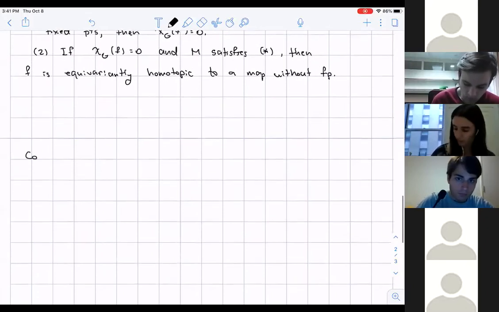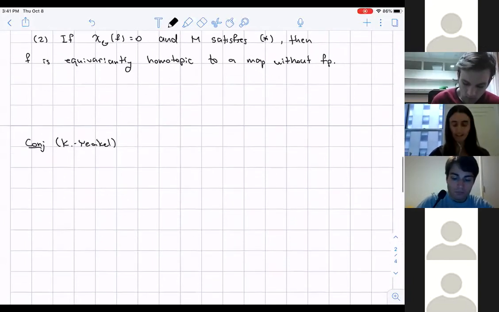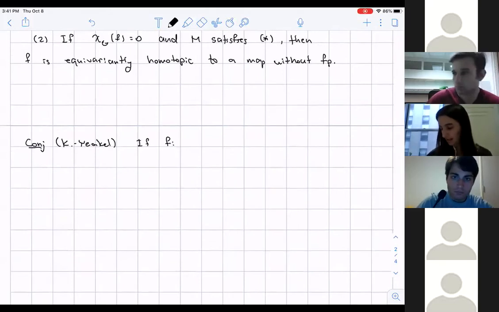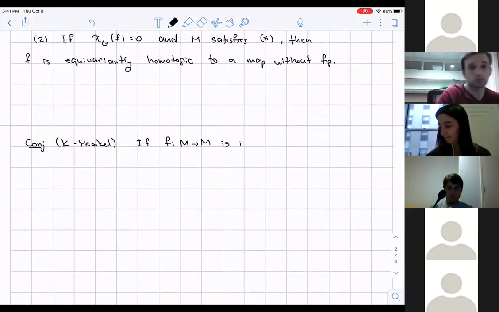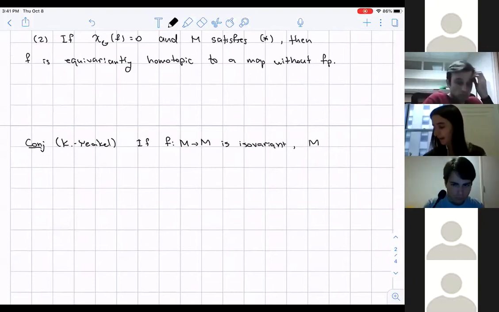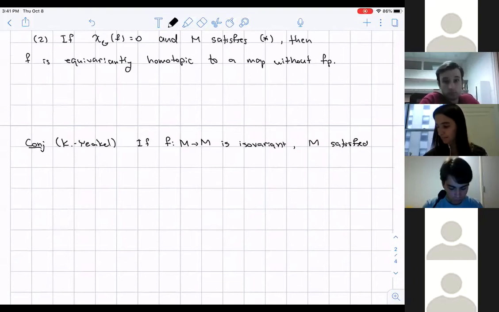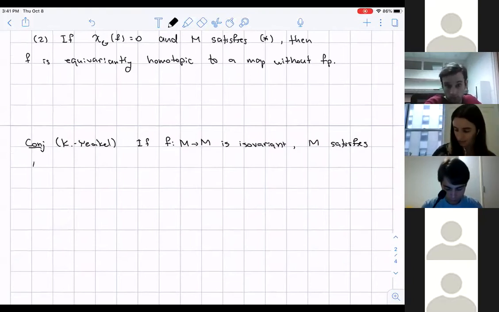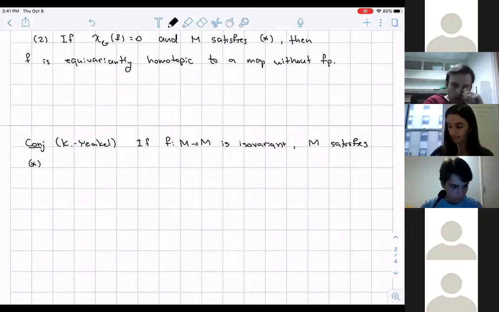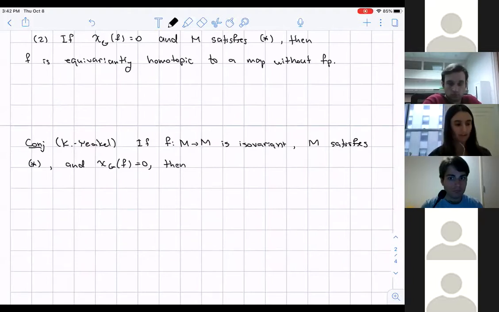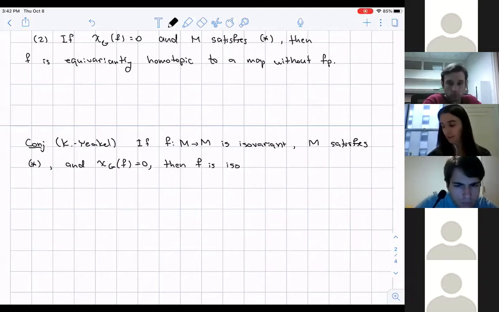What we think happens in this case is that if we have an isovariant map f, and M satisfies this assumption star, and this chi_G(f) is 0, then f is isovariantly homotopic as well to a map without fixed points.